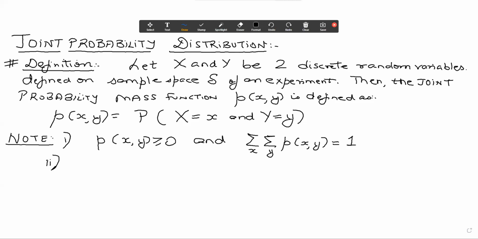Second point, let A be any set consisting of pairs of xy values.